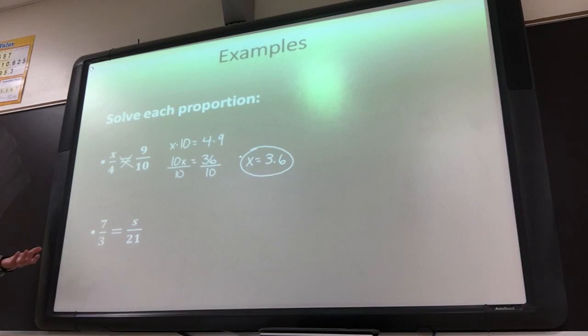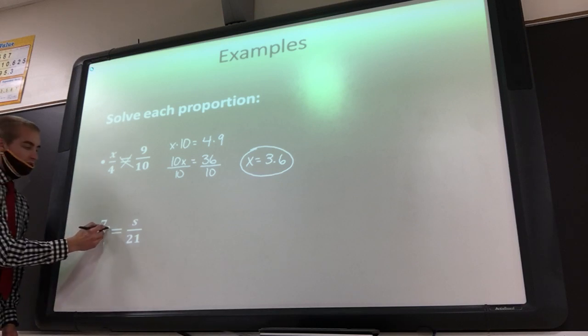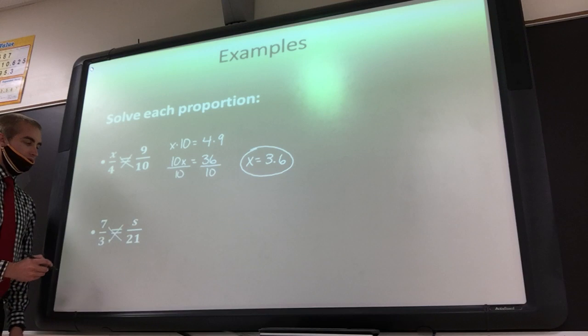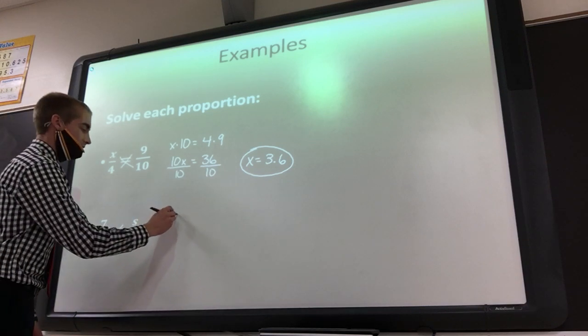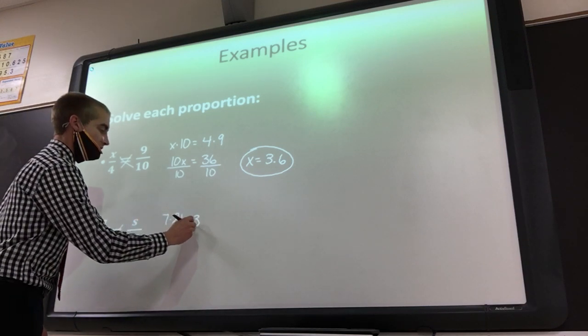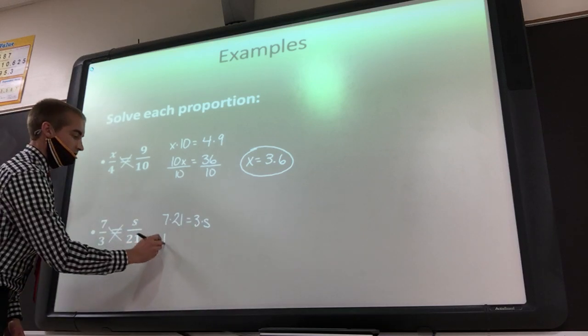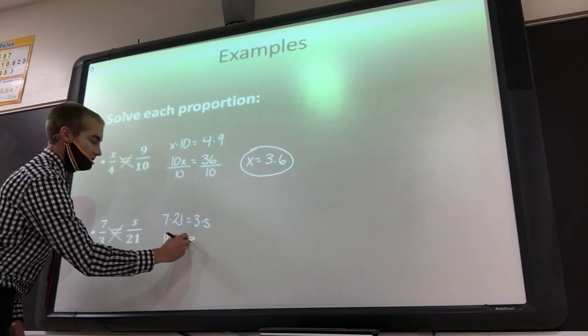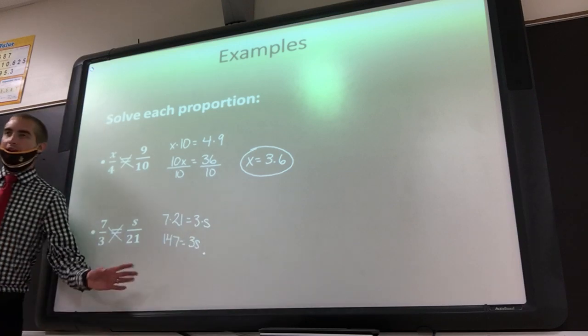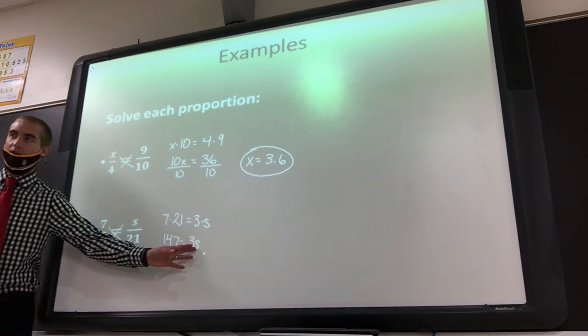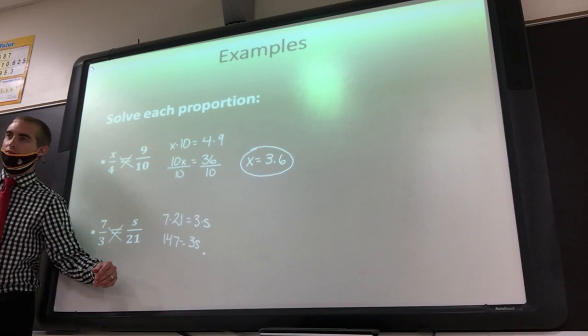We're going to do the same steps on the second one. We do 7 times 21 equals 3 times s. 21 times 7 would be 147 equals 3s. Now, does it matter if the variable's on the right side, not the left?